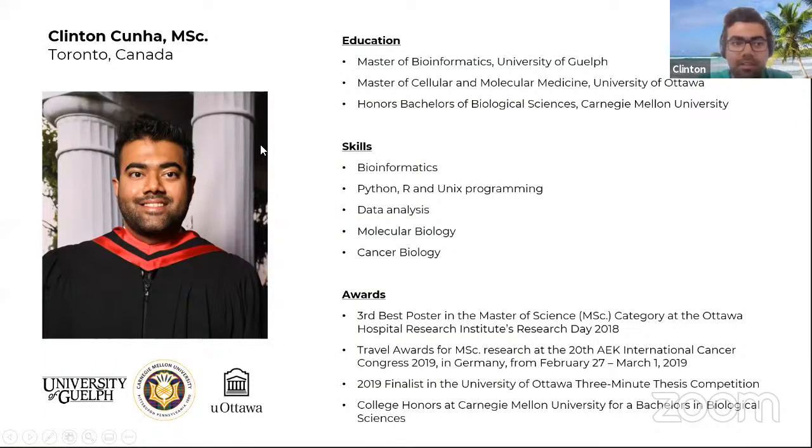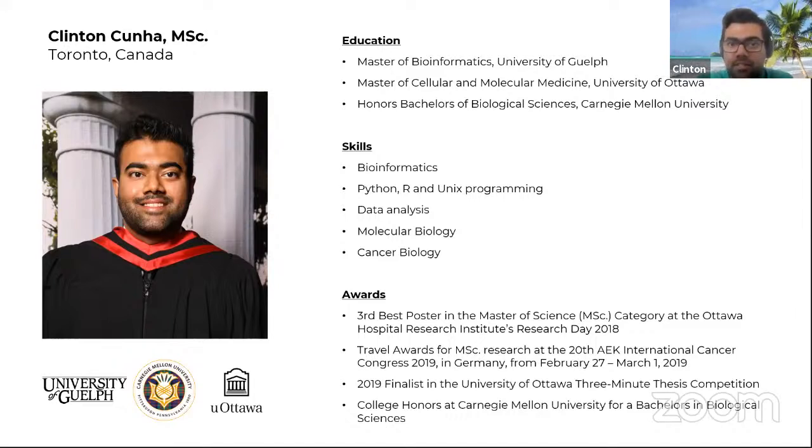I studied at Carnegie Mellon University for my bachelor's degree in biological sciences. I did an honors degree there, and I also did 2 master's degrees, one in molecular medicine, that's wet lab research, and another one in dry lab research, so bioinformatics.